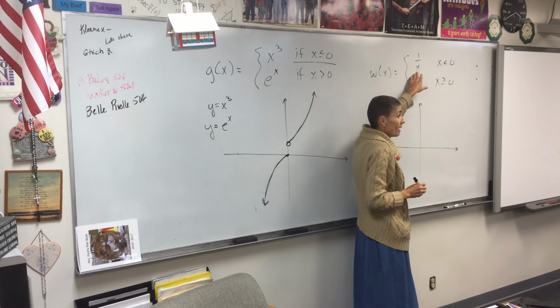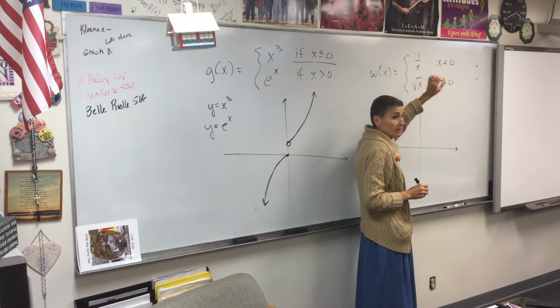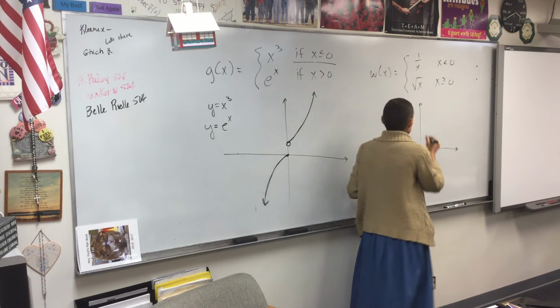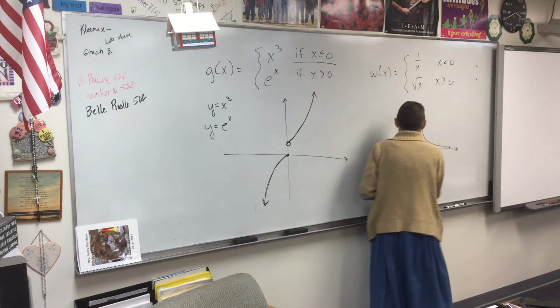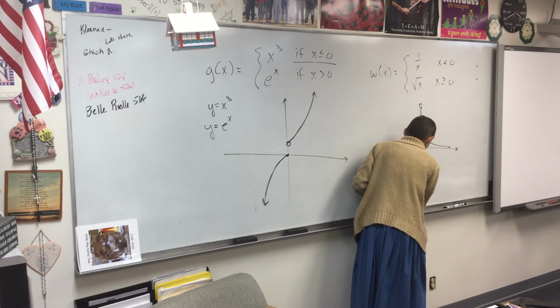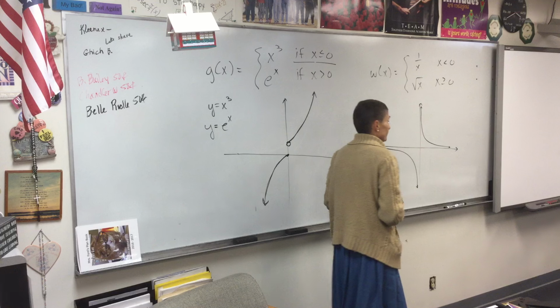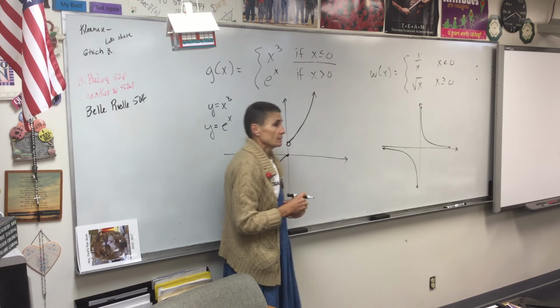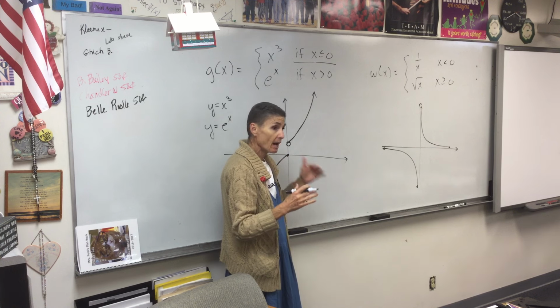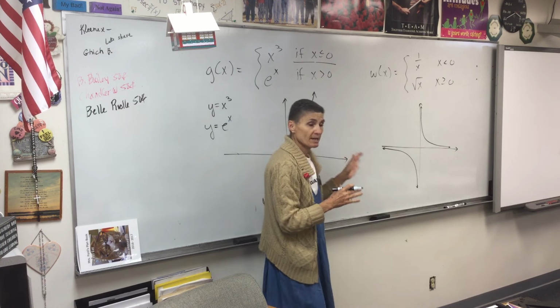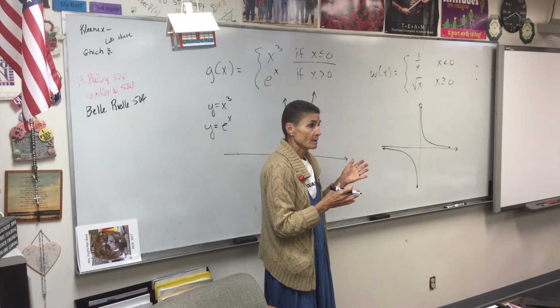Okay, do you remember what the top one looks like? What's the 1 over x look like? That's your reciprocal, that's your hyperbola, right? So here it is, I'm just going to sketch it in. Now, if you're thinking ahead and you're on top of all this, you know I sketched way too much, right?